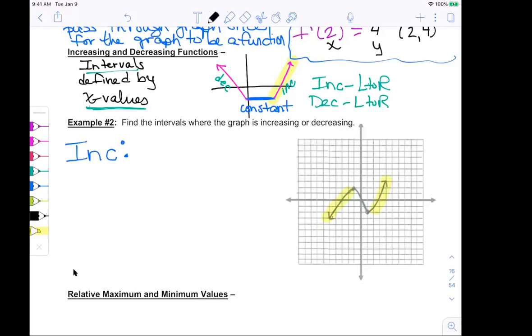So I know that this is going to continue to go down to negative infinity, but it's increasing or moving up until that point. And then at that point, it then decides to go down. Can somebody using interval notation and defining it by x describe that interval? So how would we describe the interval that's increasing from left to right?